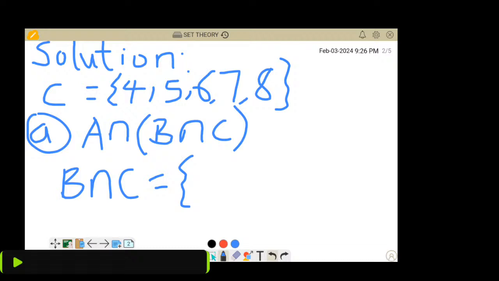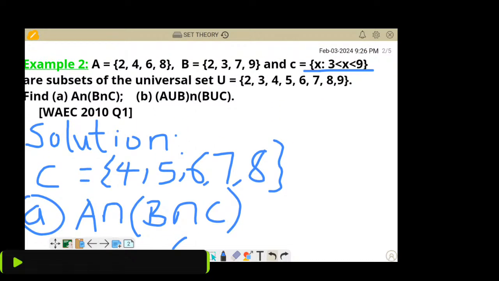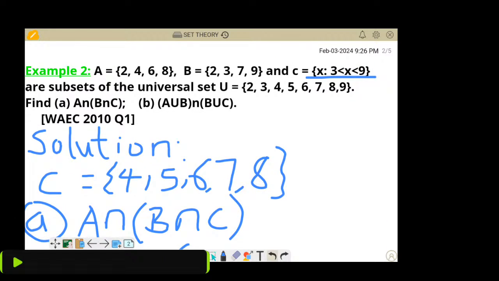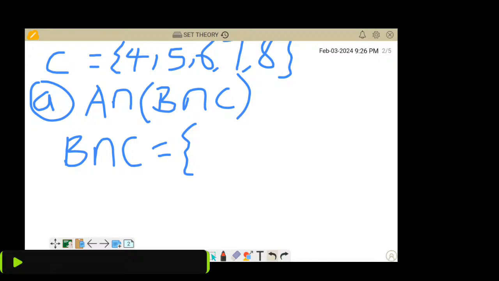Can we go back and check B and C? C is 4, 5, 6, 7, 8, and B is 2, 3, 7, 9. So the element they have in common is just this number here and this number. So 7 is just the element they have in common, and we can easily put that one here.